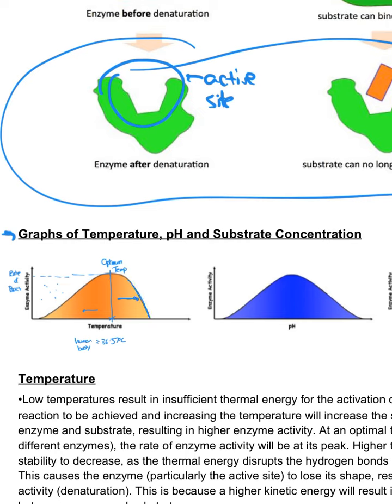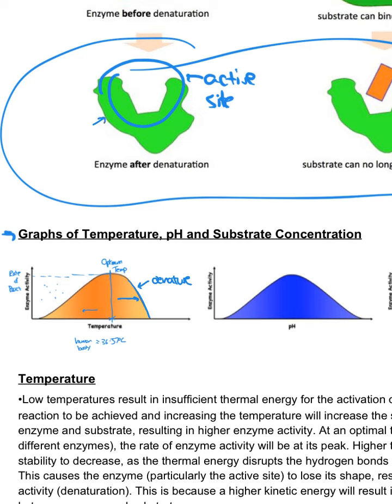Now, if we go the other way, and it gets too hot, notice the drop-off's pretty steep, right? Here, it denatures. Remember, we have the opposite problem. The substrates and the enzymes will move around faster when it's hotter, but eventually the bonds that keep this shape, the intermolecular forces, hydrogen bonding, van der Waals interactions, and so forth, break down, and the shape changes.